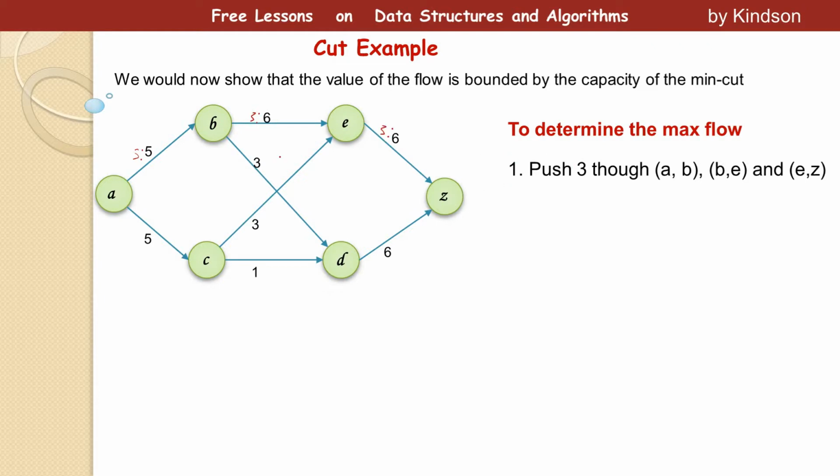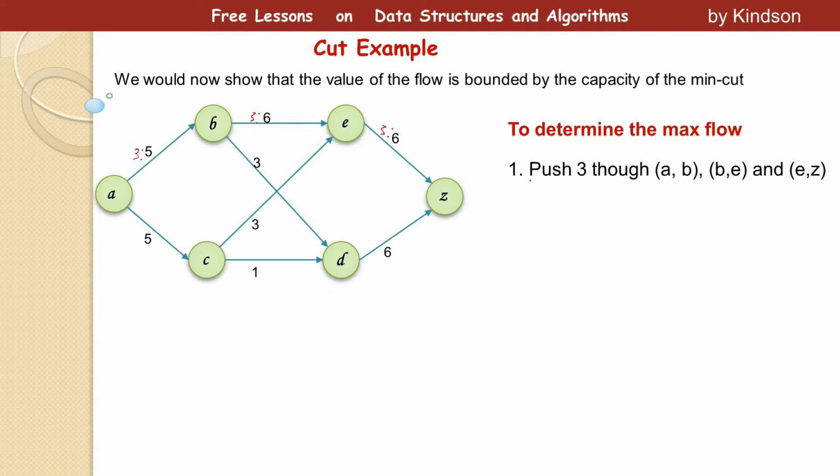So we have a flow of 3, because the flow of the network is the flow that comes out from the source or goes into the sink. But the capacity of this network is 12, because 6 plus 6 is equal to 12. So we are not using up the capacity of this network.